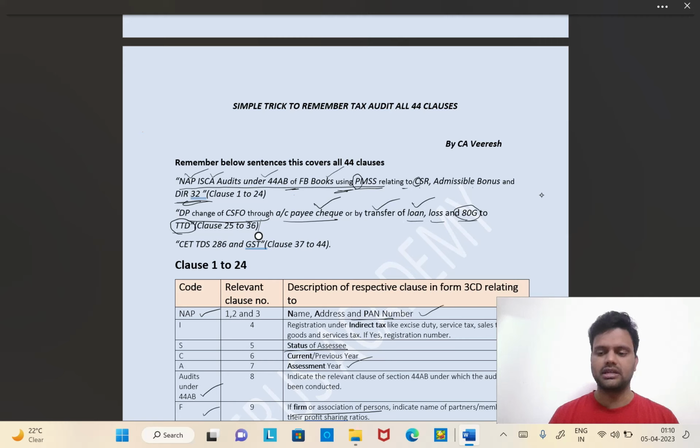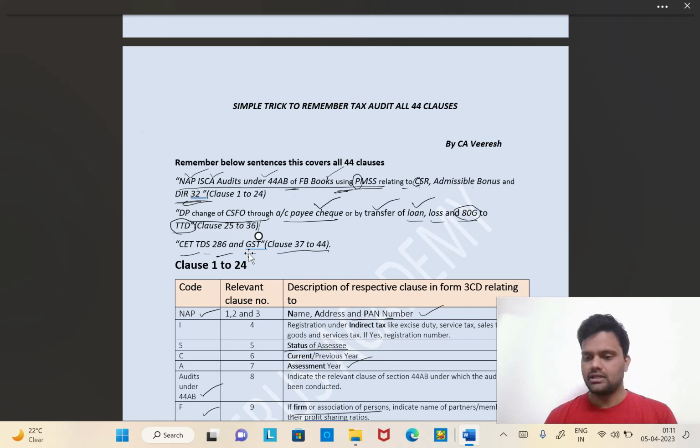Basically these clauses are related to audits which are performed under different laws. So we will see that also, and there is a code here, or you can actually skip this. You can only remember clause number 44, and that's also enough. The last one, which covers clause number 37 to 44, is CET, TDS, 286 and GST.